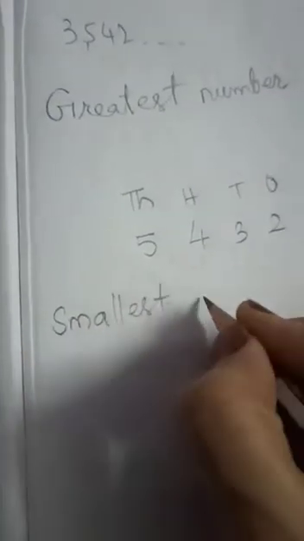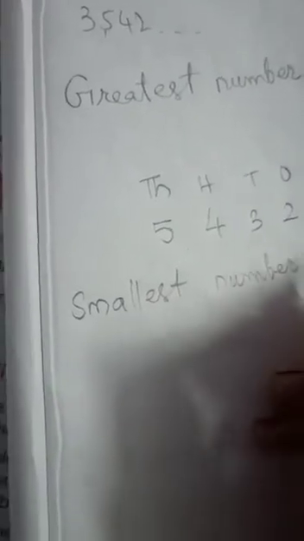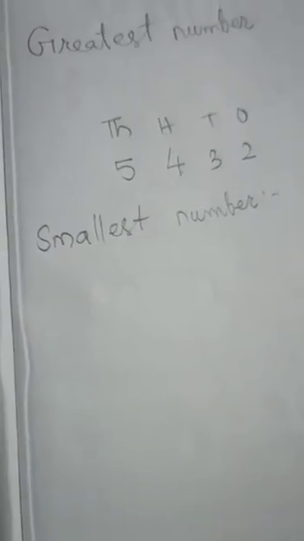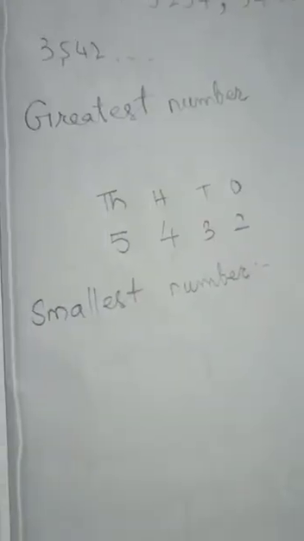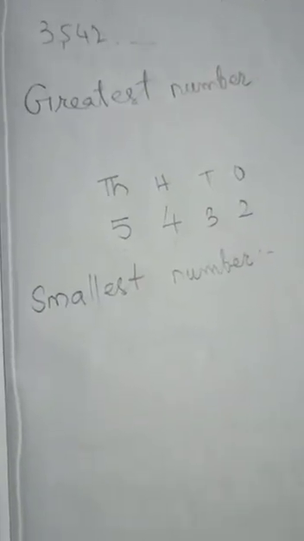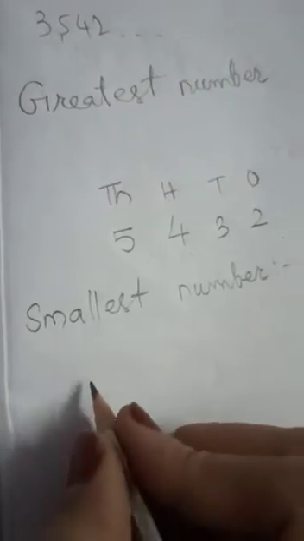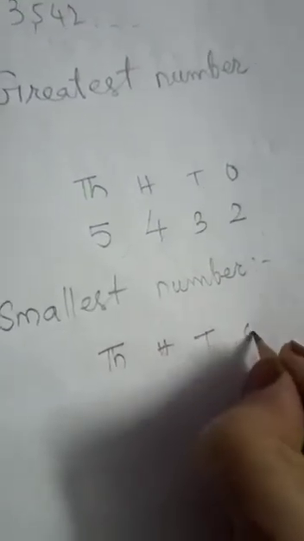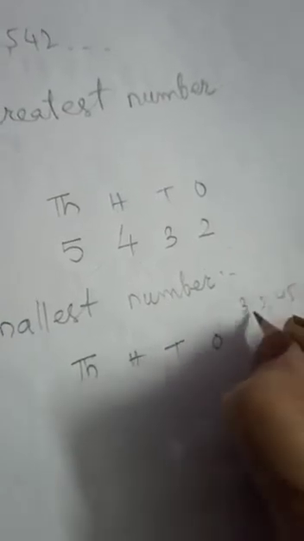Let's arrange the smallest number. Now how to form a smallest number, children? If we arrange the digits 3, 2, 4, 5 in ascending order, we get the smallest 4-digit number: thousands, hundreds, tens and ones.